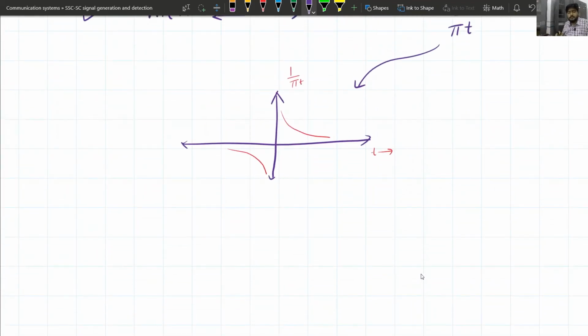Now, how is it? The Hilbert transform is represented in terms of frequency domain or the Fourier transform. Now, let's see.